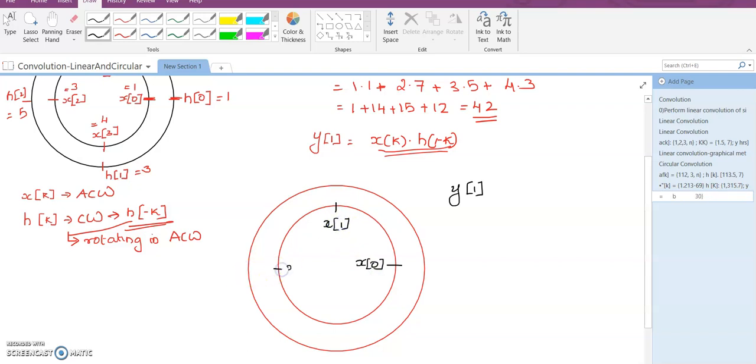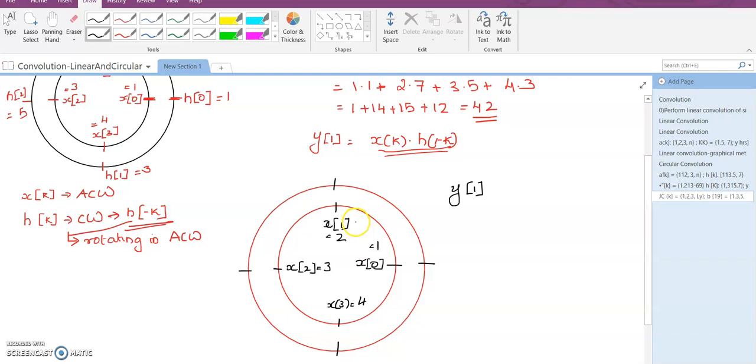x of 1, x of 2, and here you have x of 3. So this becomes 1, this becomes 2, this becomes 3, and this becomes 4. Then we have to draw the signal on the outer graph which corresponds to h of k.